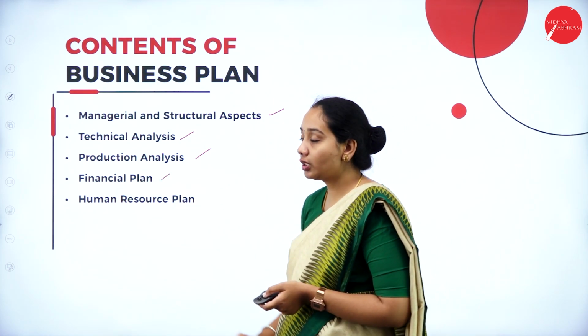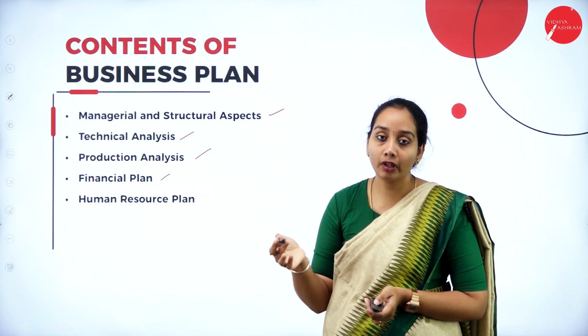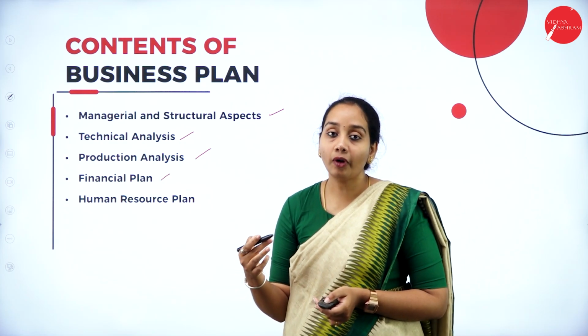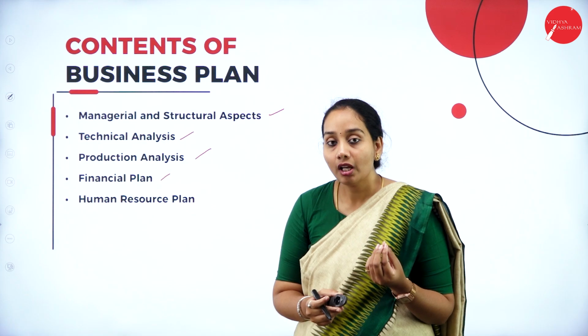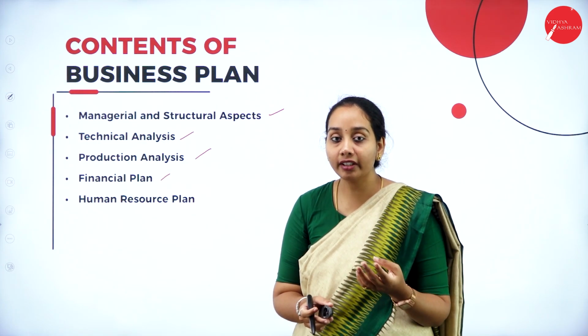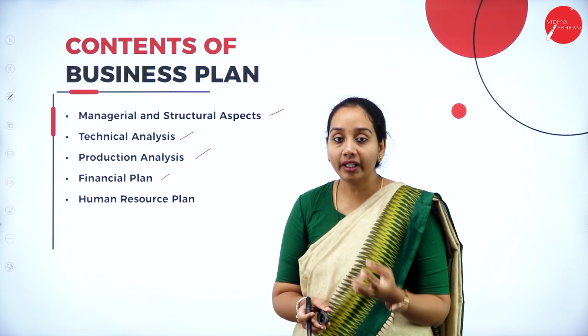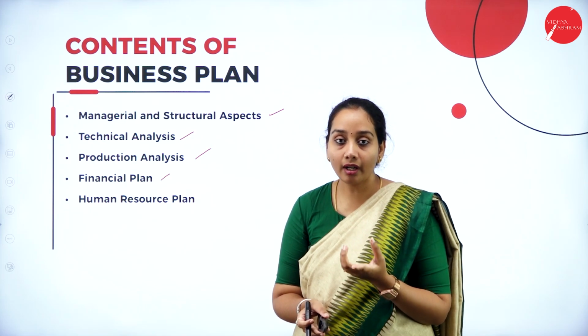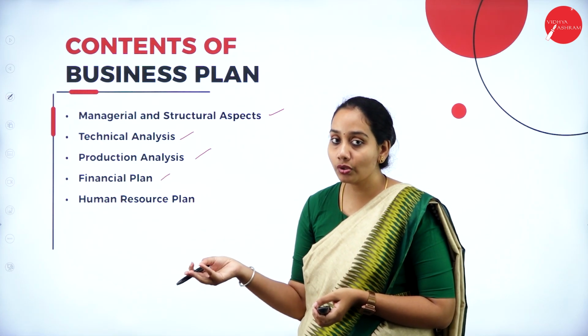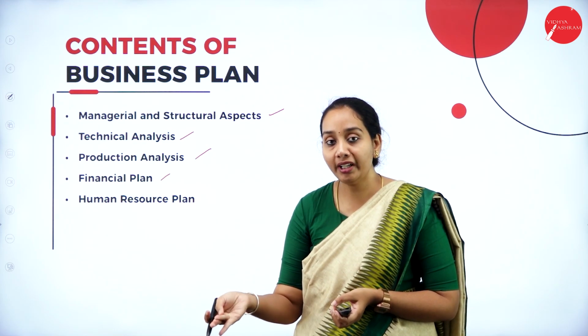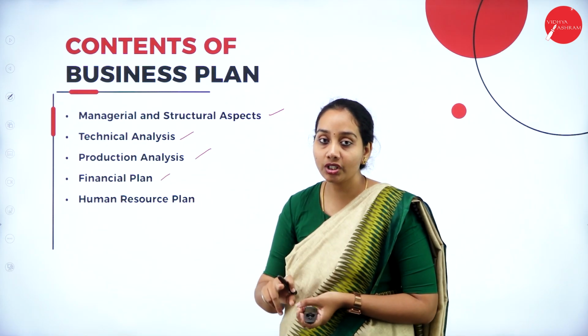Next, about the financial plan. Finance is also one of the important factors or sources that you need to consider. For any kind of business, you need three factors, that is man, money and material. These three are the important factors to be considered. Man, that is human resources, and material, which is nothing but raw materials, are covered in the production analysis.